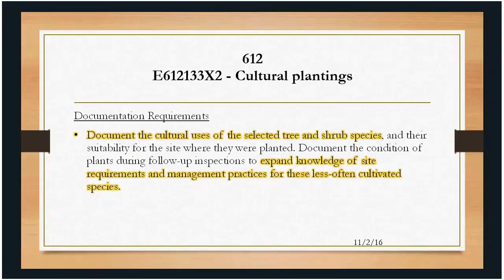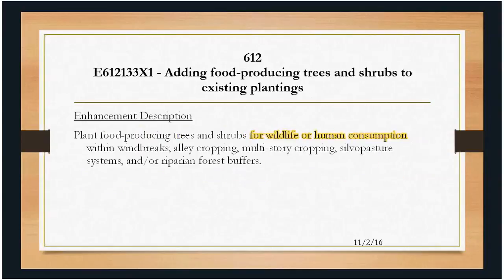I guess they're expecting some usage of not that commonly cultivated plant materials here, because they also want you to do follow-up inspections to expand the knowledge of site requirements and management practices for these less often cultivated species. So I bet we use this one a lot.